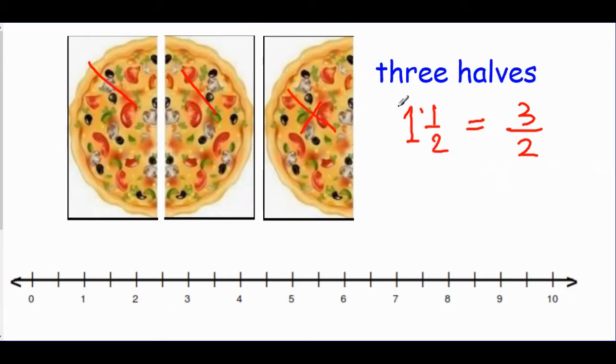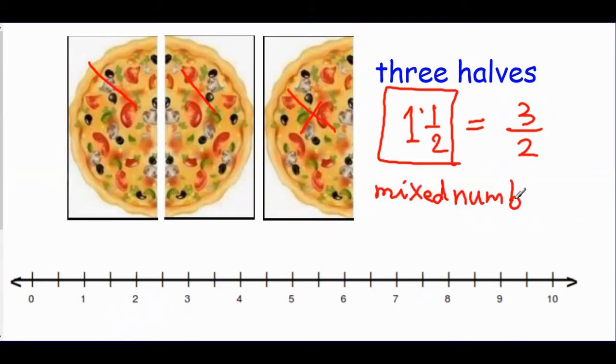So I have one whole pizza and one half. So this is a mixed number. Why do I call it a mixed number? Because it is a mix between a whole number and a fraction.